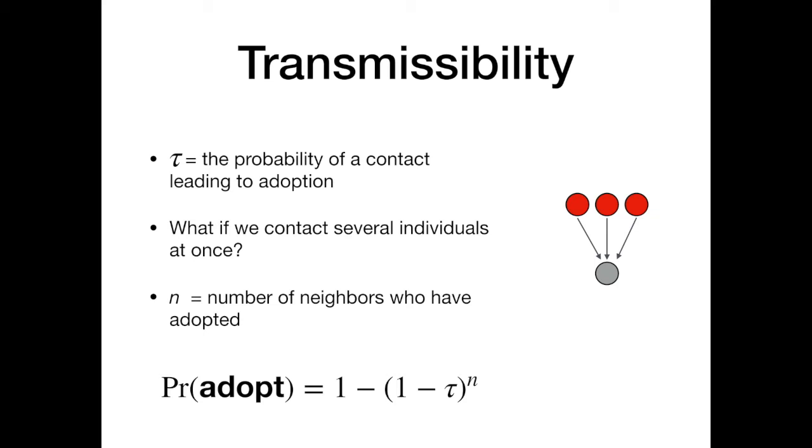So the probability of the contagion spreading is simply the inverse: 1 minus (1 minus tau) to the n. Again, that second term, (1 minus tau) to the n, is the probability that none of my infected neighbors transmit the contagion. So 1 minus that probability is the probability that I become infected.